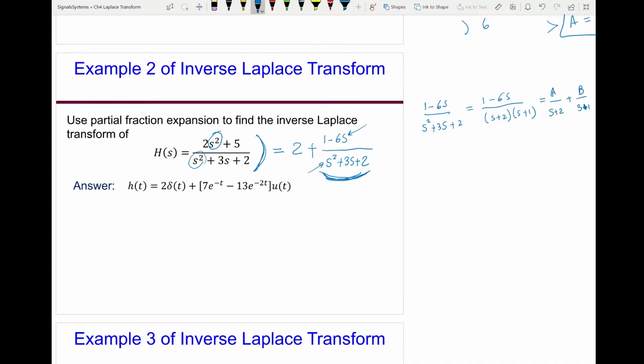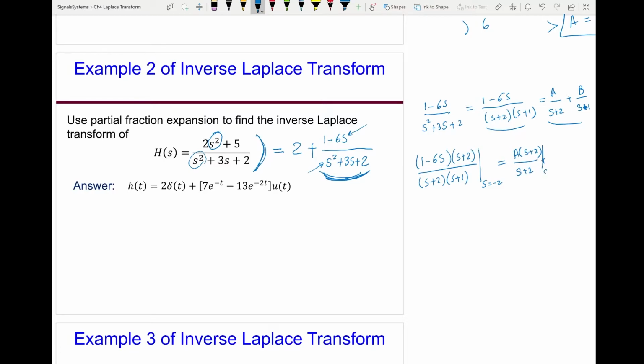And to find A, I will multiply both sides of the equal sign by s plus 2 and then set s to equal minus 2. So this will be (1 minus 6s) times (s plus 2) over (s plus 2) times (s plus 1), and I set s to equal minus 2, equal to A times (s plus 2) over (s plus 2).